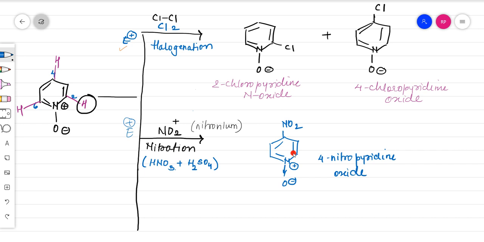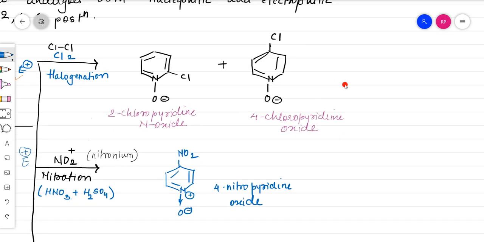So instead of doing halogenation and bromination on pyridine, we first prepare pyridine N-oxide, then we do the halogenation, and if you want pyridine again, we want to convert this back to pyridine. Halogenation on pyridine was not easily possible, no? So we converted it to this, and then we removed the oxygen.